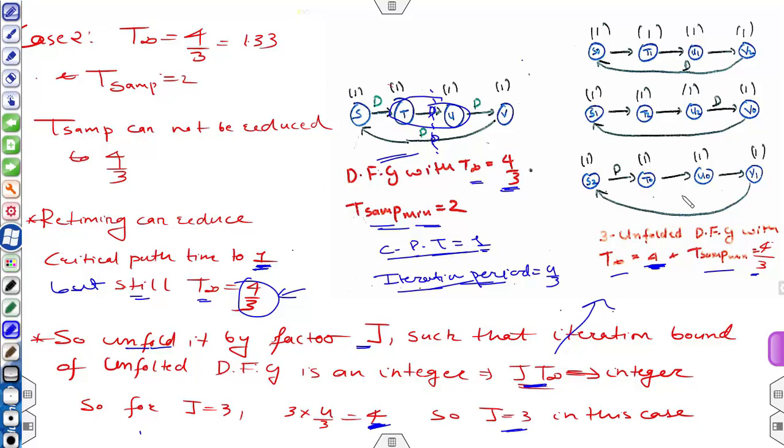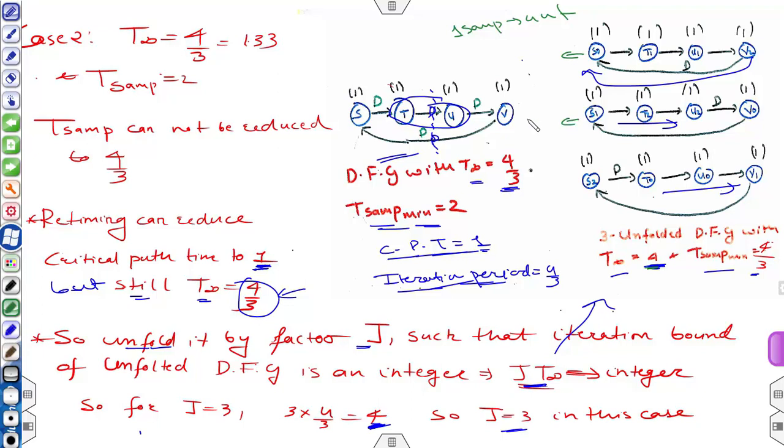You can see that the critical path time for this is 3, for this is also 3, and for this is also 3. But even though the critical path time is 3, the iteration bound is 4, and the iteration period cannot be reduced beyond this. So this part will produce one sample in 4 unit time.